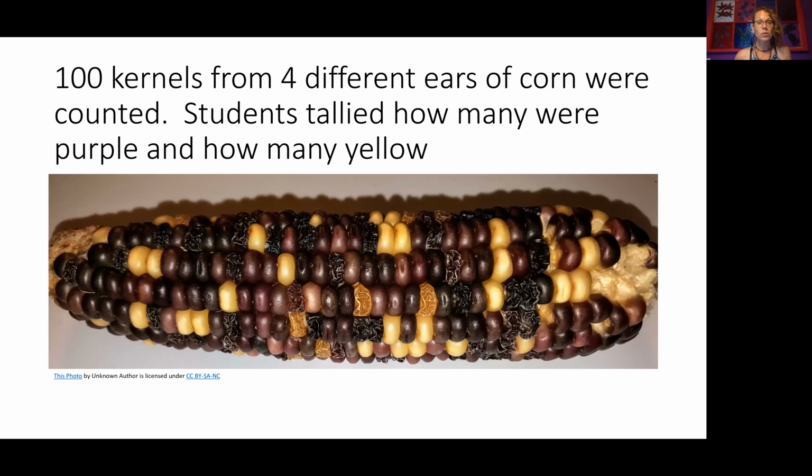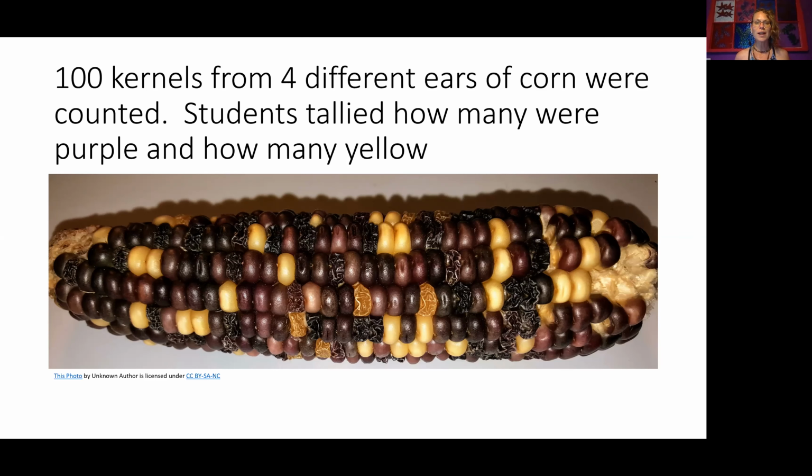Okay, so we're going to do a little experiment. We have this ear of corn, and when we look at this we're seeing both purple and yellow colored corn kernels. And the lab asks us to go ahead and count 100 total kernels and then tally up how many of those 100 are purple and how many of those 100 are yellow.